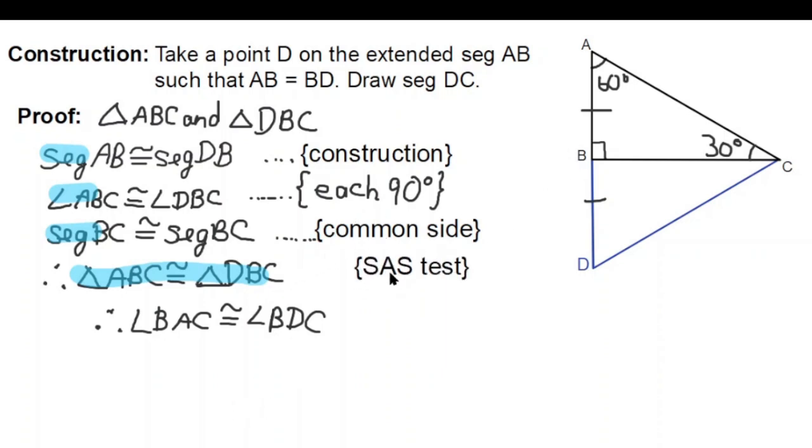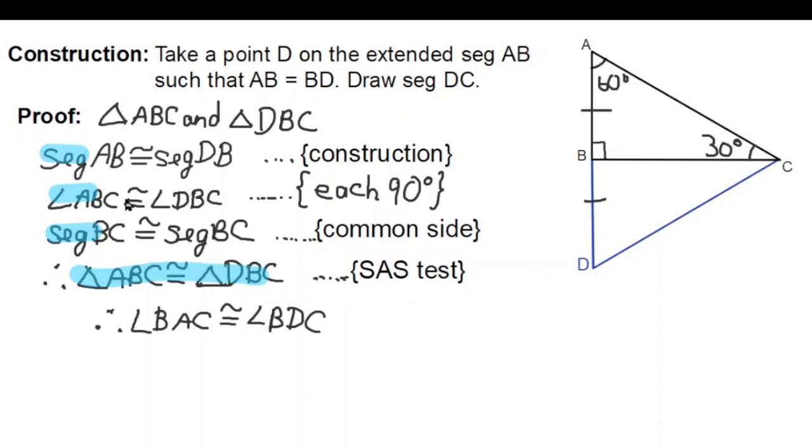It is congruent by SAS test, that is side angle side. These two sides are congruent, then this angle is also congruent and this side is congruent. So both the triangles are congruent by SAS test.